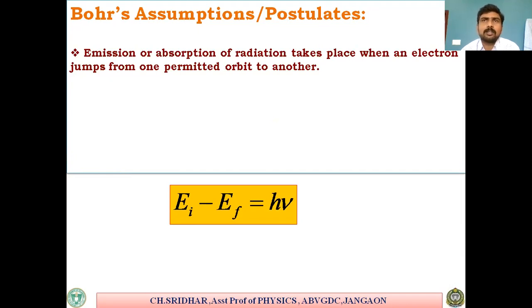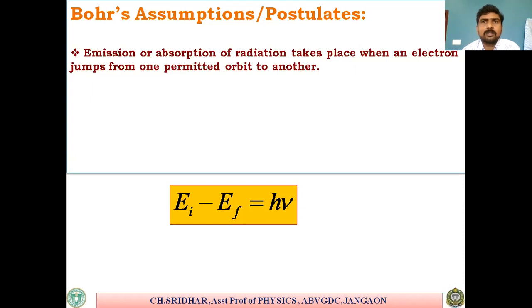As there are circular orbits in the atomic model, the orbit closer to the nucleus has the least energy, and as we move away from the nucleus, the energy of the orbits increases. So we can call the orbits closer to the nucleus low energy orbits, and the orbits away from the nucleus high energy orbits or high energy states.